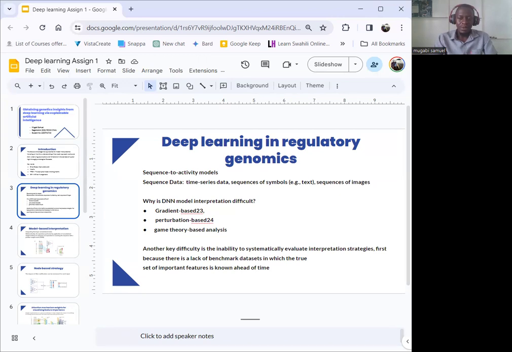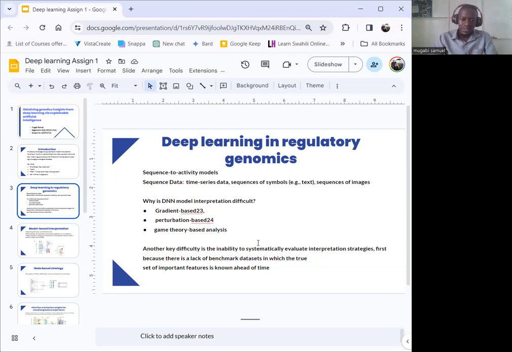And because there are very many, it is very hard to understand which parameter makes sense. A number of approaches have been suggested to reduce this, but all of these have limitations. For example, gradient-based perturbation, and also game theory-based analysis was suggested, but they have limitations.